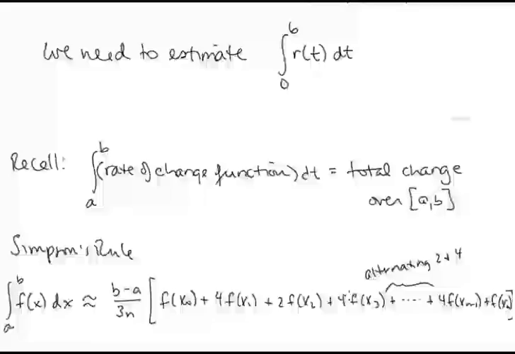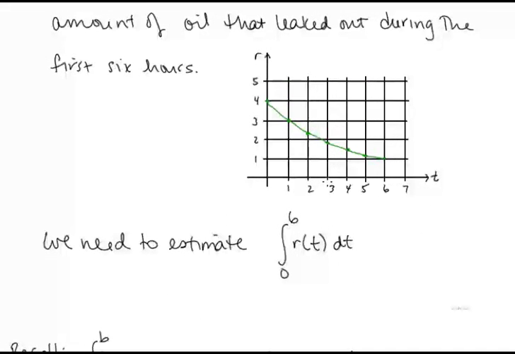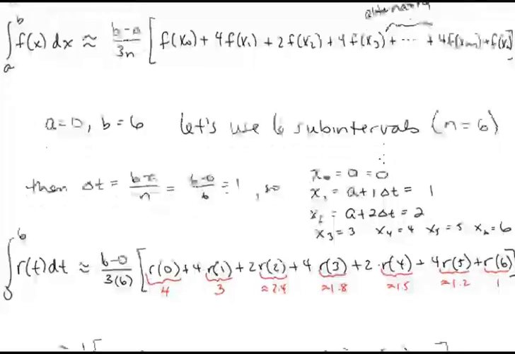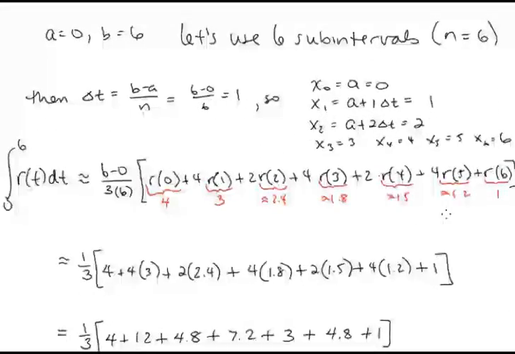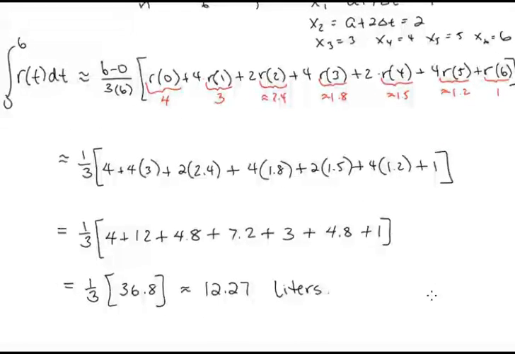R of 3 looks like approximately 1.8, R of 4 approximately 1.5, R of 5 approximately 1.2, and R of 6 looks like 1. And then we just simplify, and we get approximately 12.27 liters.